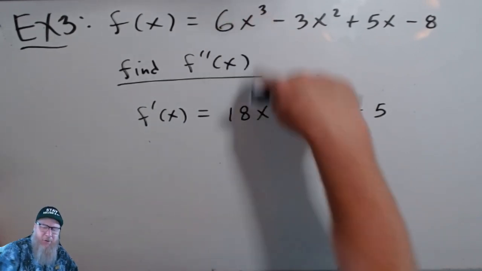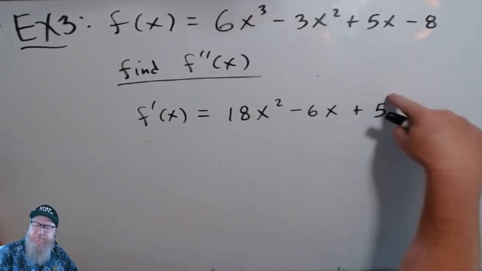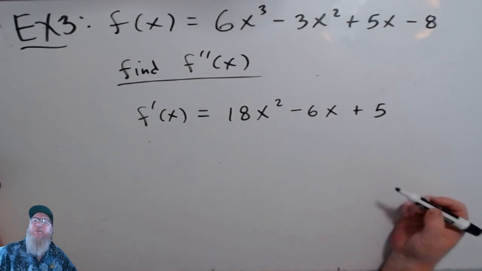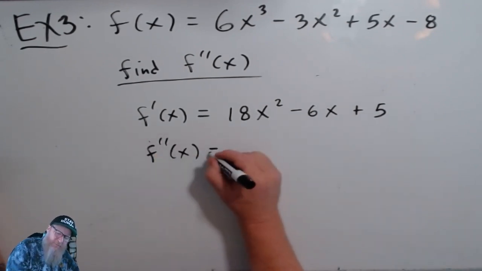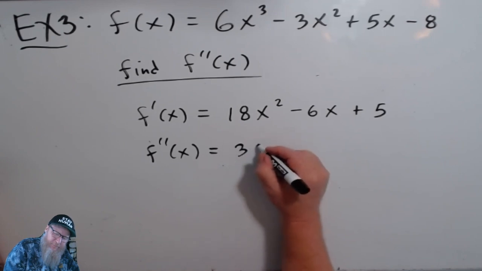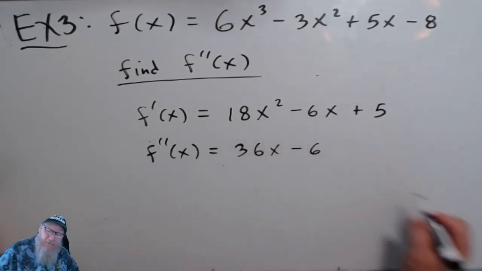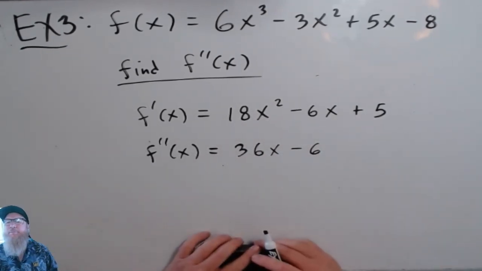It's just the power rule. And constants become 0. And then you can find the second derivative. And there you go.